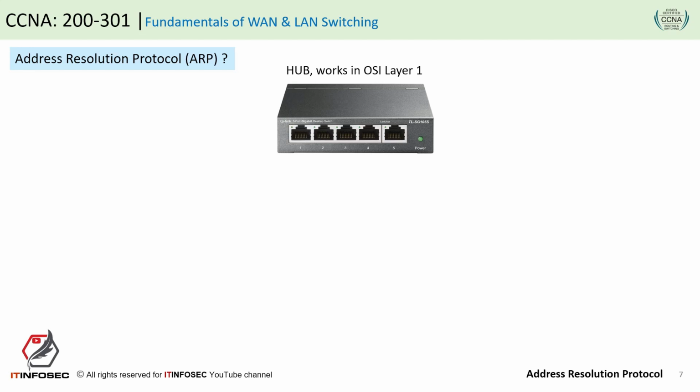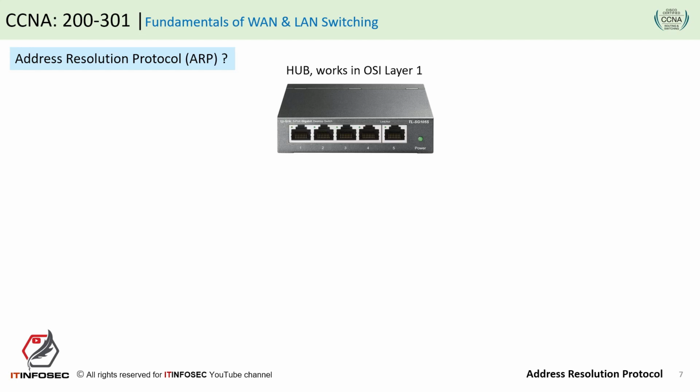This is a hub, okay? A device used in a very small network. Maybe in some networks you have just 2 or 3 computers, or it is used in old networks that haven't been upgraded.